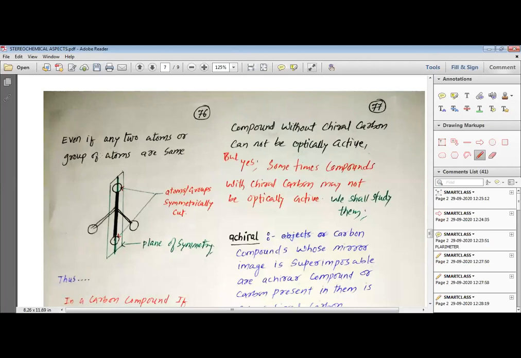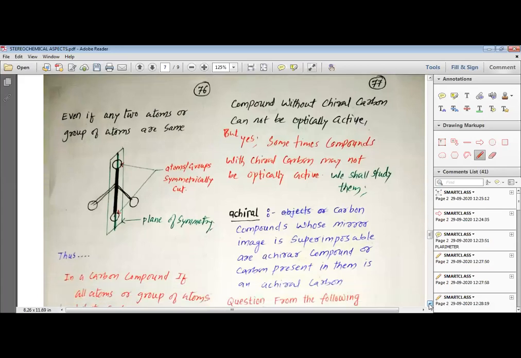Even if 2 atoms or groups of atoms are the same on the carbon, this is what we have seen about the 4 atoms being the same, and there we have seen the plane of symmetry. But suppose only two atoms are the same. Let's say this atom and this atom and this atom are the same.